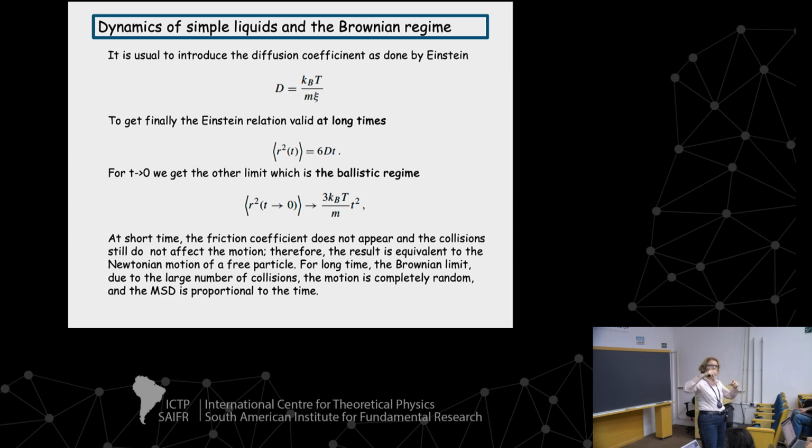But in some other cases, when we have complicated molecules and the motion becomes very complicated and tricky, then you might also have a subdiffusive or a super diffusive behavior. Subdiffusive means that you have a lower slope. Super diffusive means that you have a higher slope, but you're not ballistic.